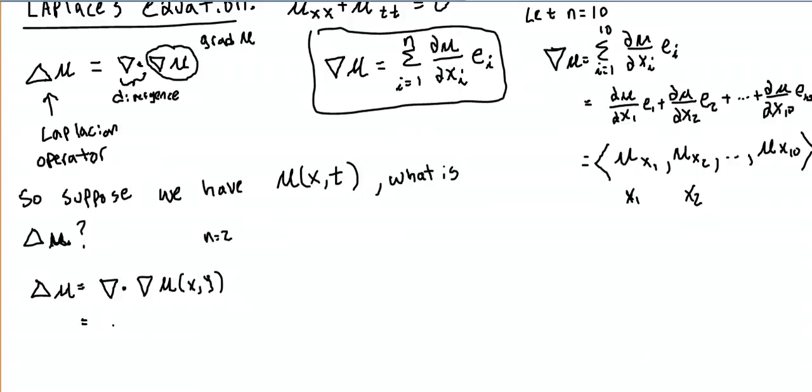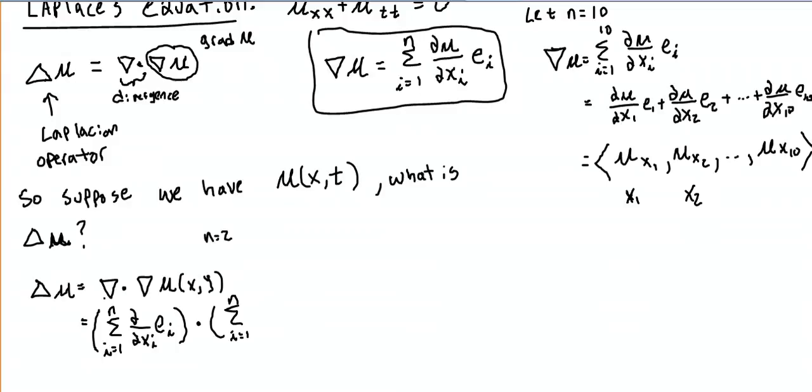I'm going to write this in: the sum from i equals 1 to n of partial d x i e sub i, dot product with the sum i equals 1 to n.